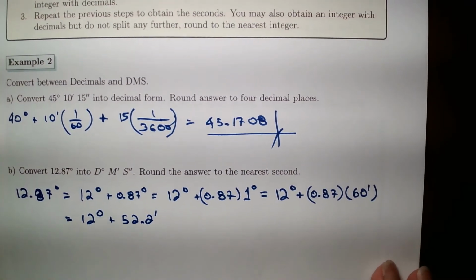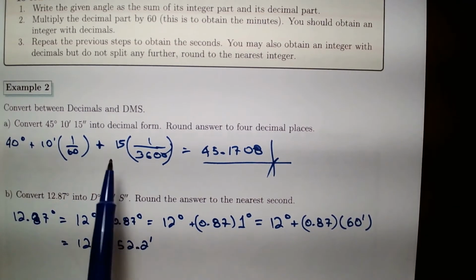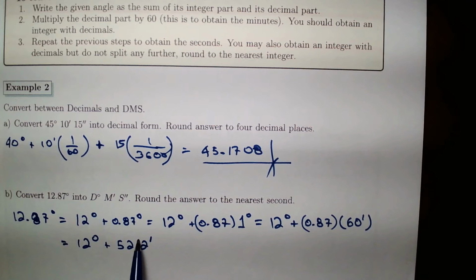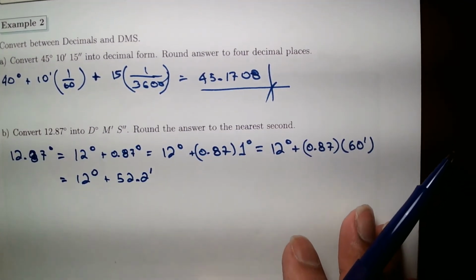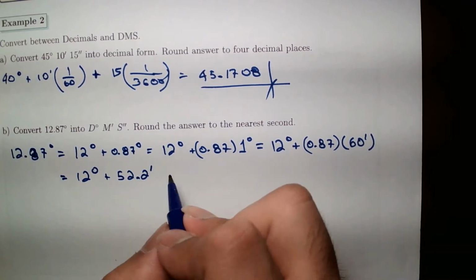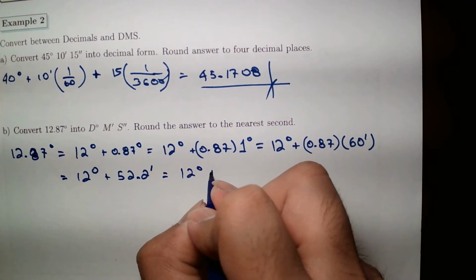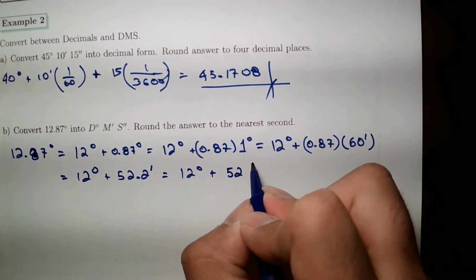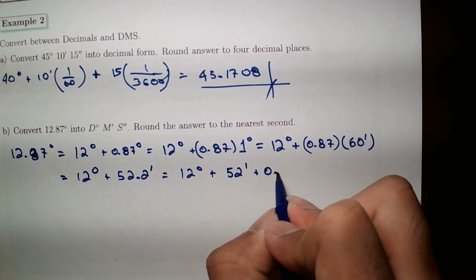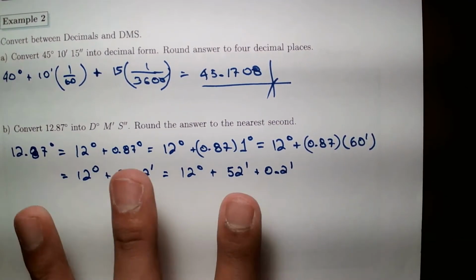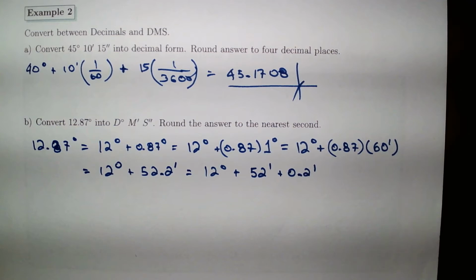In this case, we need to repeat the previous steps to obtain the seconds. So let's split this into the following sum: 12 degrees plus 52 minutes plus 0.2 minutes. These together give me back the original.